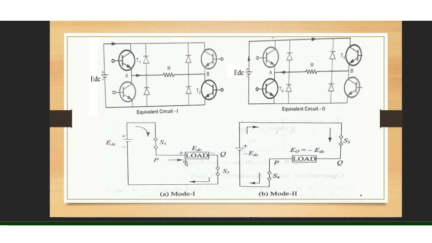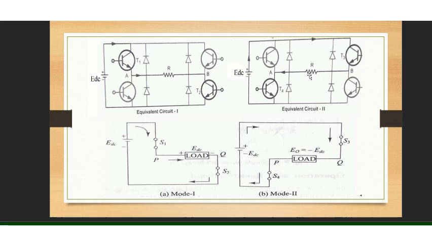Assume that at time instant T by 2, you have turned off T1 and T2 thyristors, and you have turned on T3 and T4. Observe the current path in the circuit will be like this, via T3 through the load and T4 and back to the supply.